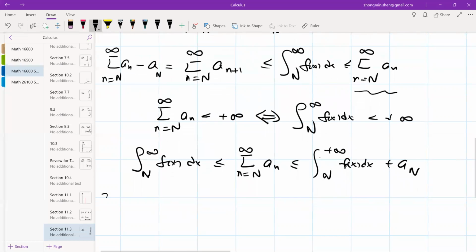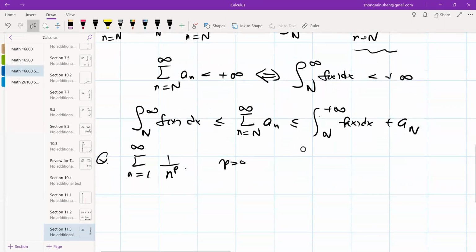Okay, let's look at the following problem. P is positive. Let's see what happens. First of all, when P is positive, this n is going to be f(n).